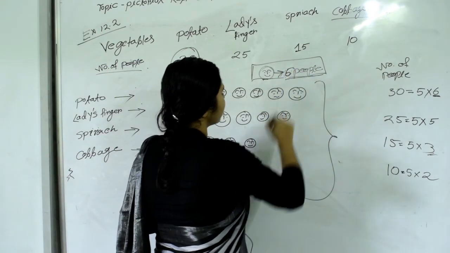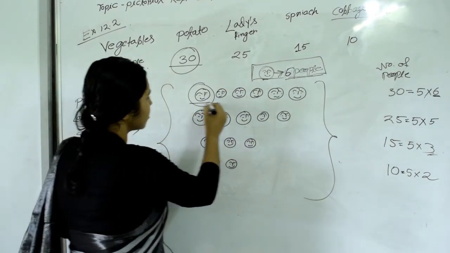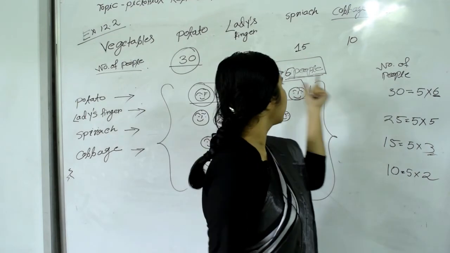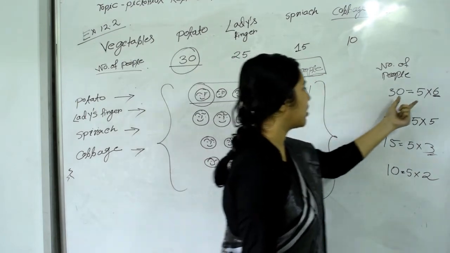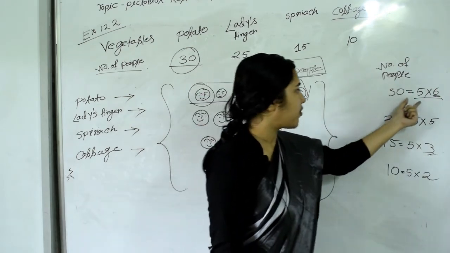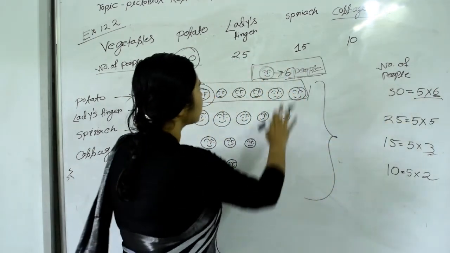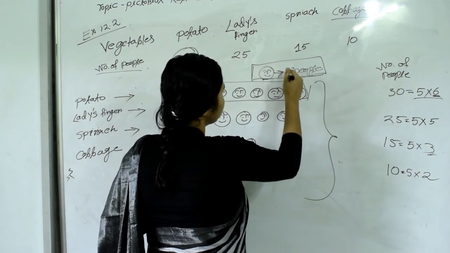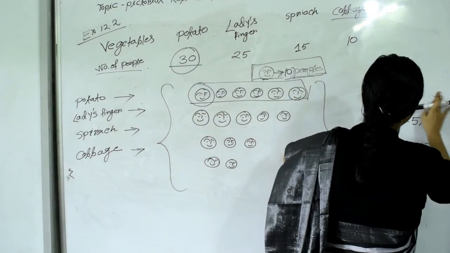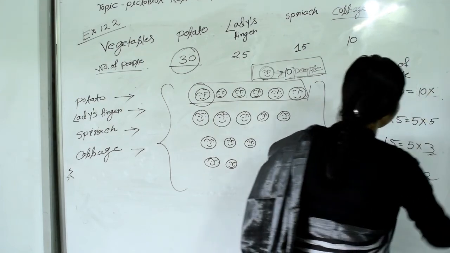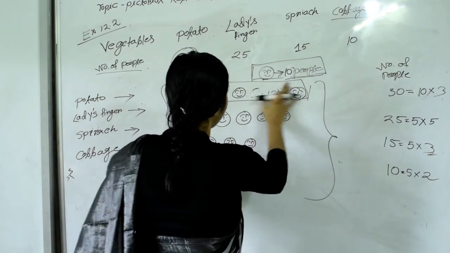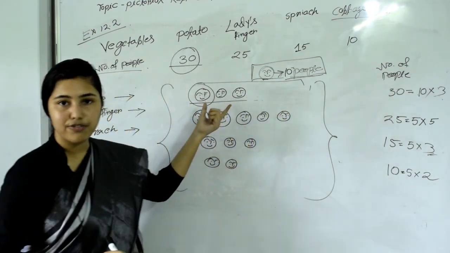In that case we have to adjust the pictures: if it is 5 people, then we adjust as a factor of 5 into 6. If one picture represents 10 people, then we adjust 30 as a product of 10 and 3, and in that case we have to draw 3 faces.